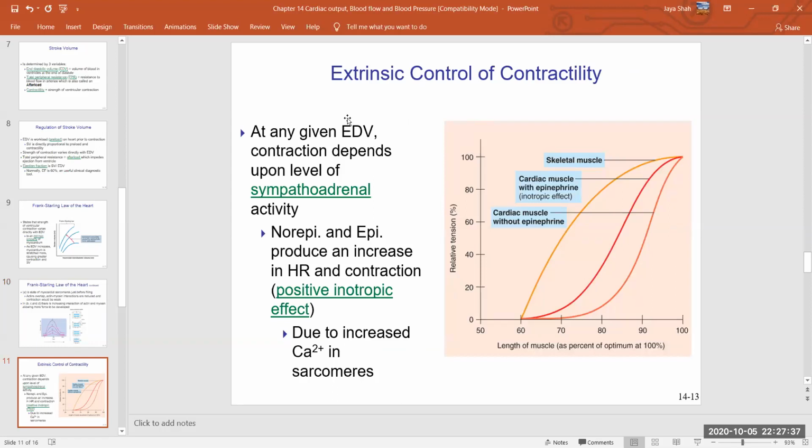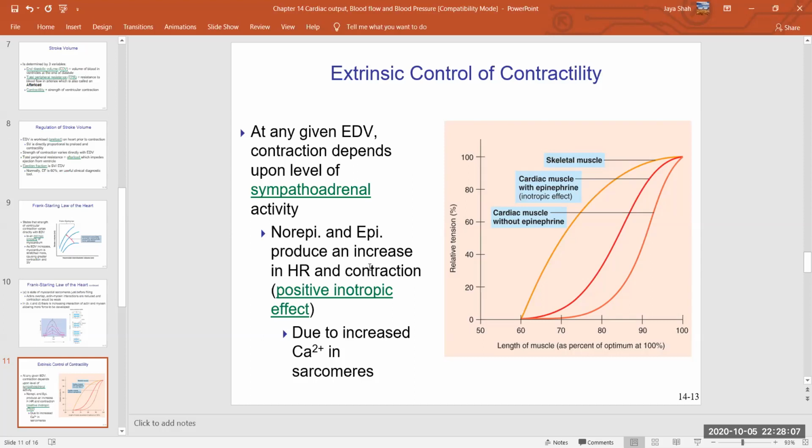Okay, so now, the heart has its own spontaneous depolarization and contraction, plus extrinsic control of contractility by the sympathetic nervous system, which is part of the autonomic nervous system. At any given end-diastolic volume, EDV, contraction depends upon the level of sympathoadrenal activity. That means sympathetic activity.